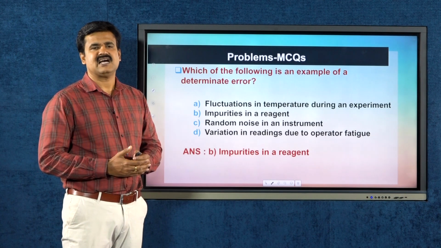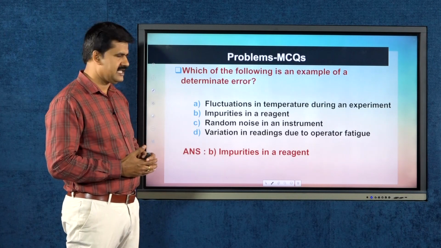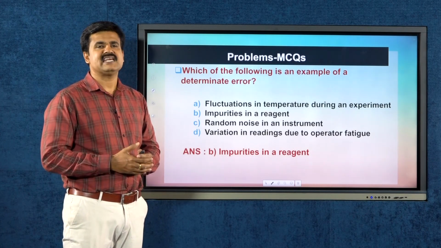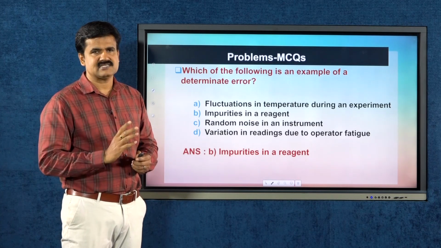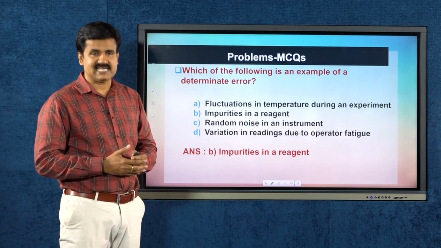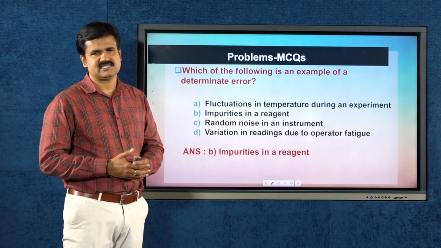The most appropriate answer is impurities in a reagent. Impurities in a reagent directly lead to method errors, which is a determinate error. So, your answer is B, impurities in a reagent.